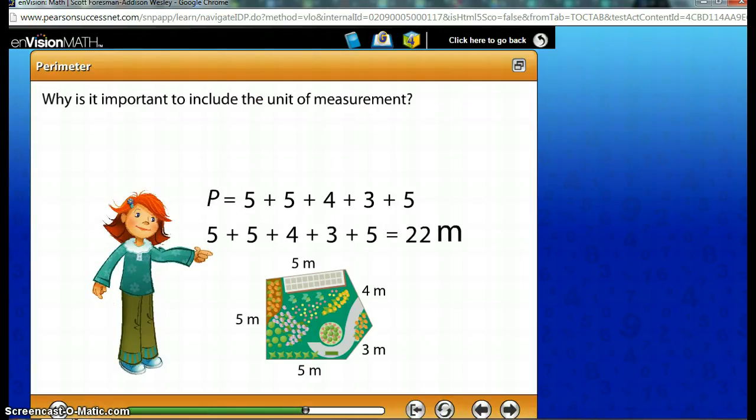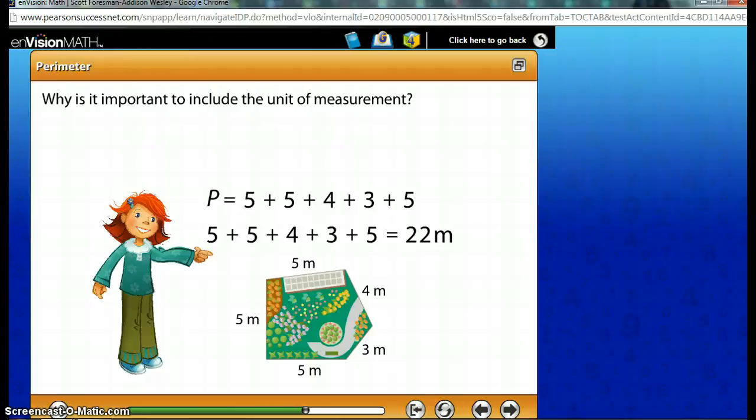Why is it important to include the unit of measurement? What do you think, Devin? Because if you get the wrong measurement and you're using inches, you might get a smaller fence than needed. It's going to affect the outcome by affecting the size of what you need.